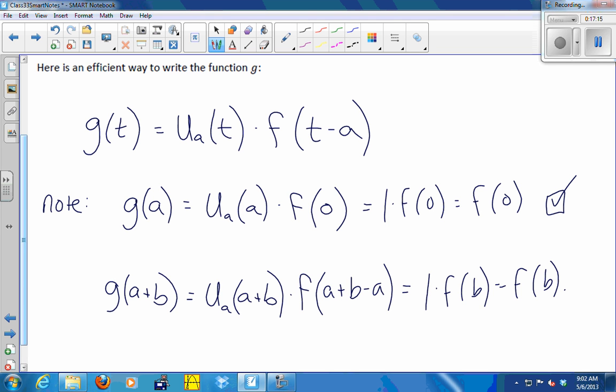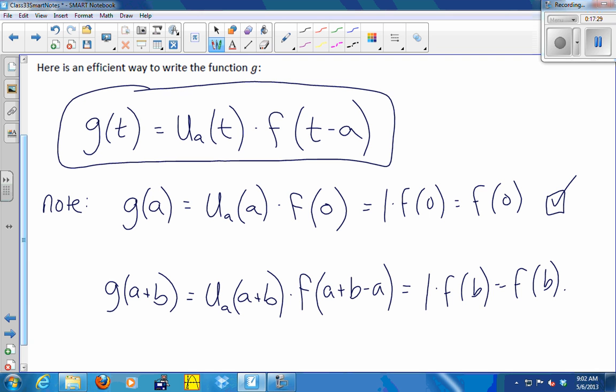So you see that g is, again, just a horizontal shift of f. All right, so this is a nice handy way of just shifting a function to the right, and having a switch that makes the function not exist before time t equals a.